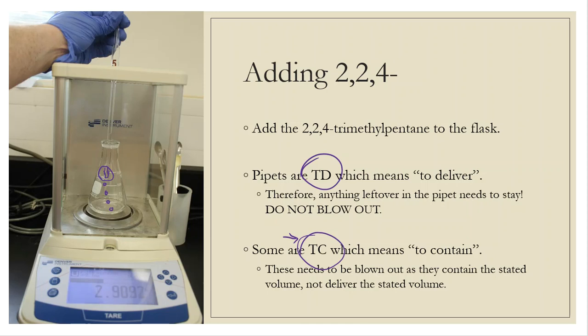Just give it a poof of air, and that air will knock any residual liquid out of the pipette. The TCs, you have to do that with. The TDs, you do not. They are structured in a way to deliver the appropriate volume. And we always use TDs. They are also stamped on the volumetric pipettes whenever you decide to use them. So you will see a TD or TC up at the tops of them, depending on what lab and what class that you're in.